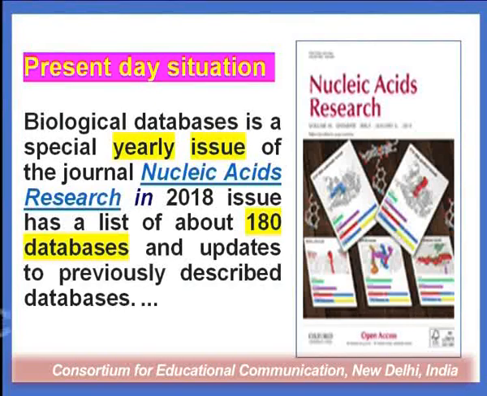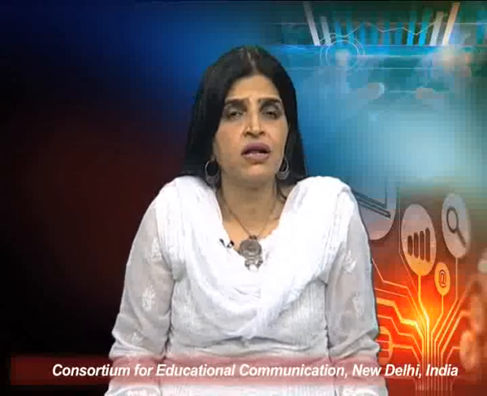In 2018, this journal reported that about 180 databases exist now, and they are getting updated every time. If anybody wants to check the present day status, he can look at this journal, Nucleic Acids Research.